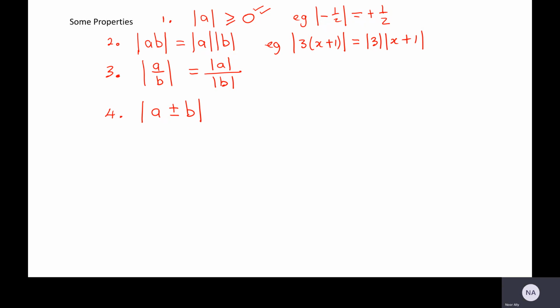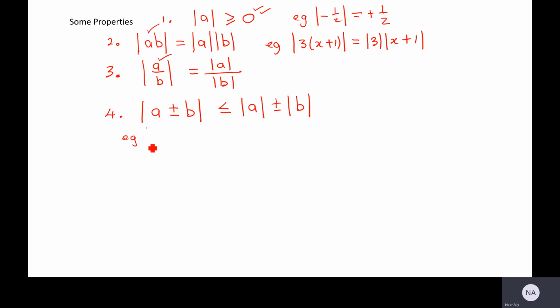So the absolute value of A plus or minus B is less than or equal to the absolute value of A plus or minus the absolute value of B. In other words, it's not straightforward with addition, subtraction. With multiplication, division, that's fine. But addition, subtraction, not so. I mean, look at this example.